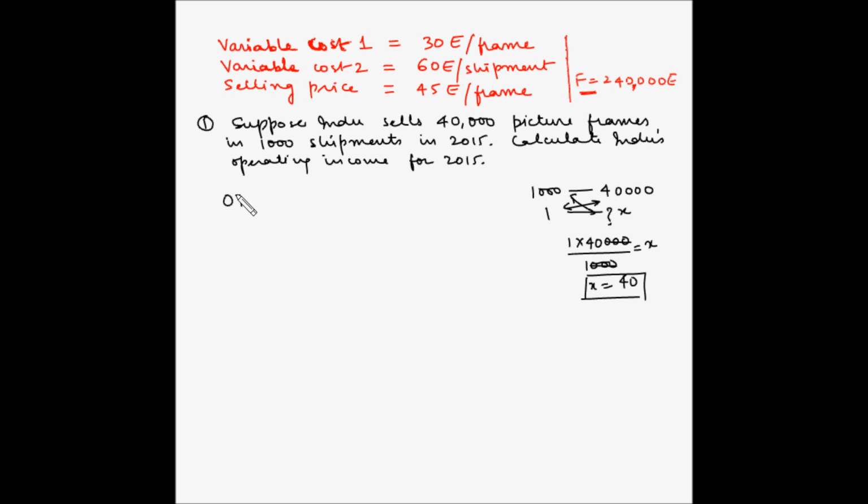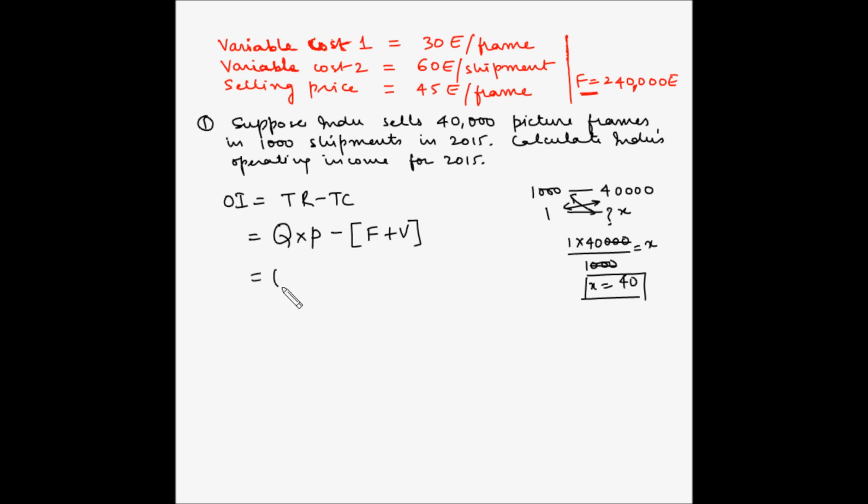So the operating income is nothing but the total revenue minus the total cost. Now total revenue is the multiplication of number of units sold and the unit selling price, and the total cost is the addition of fixed cost and the variable cost.